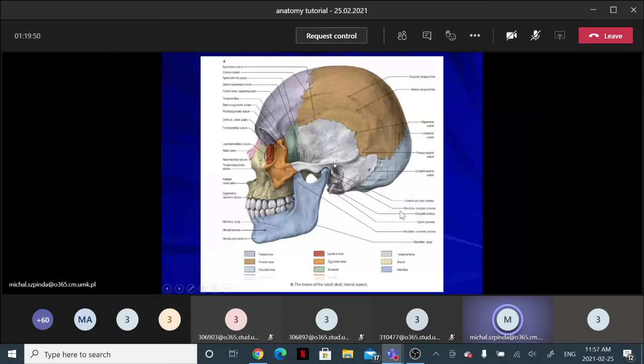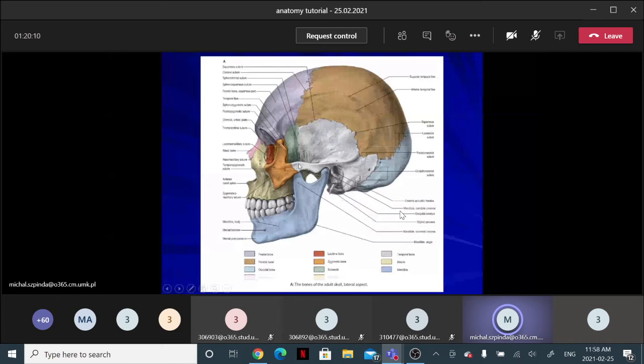The zygomatic arch bridges two bones, temporal and zygomatic, on the lateral aspect of the skull. So we can just enter deep to it.